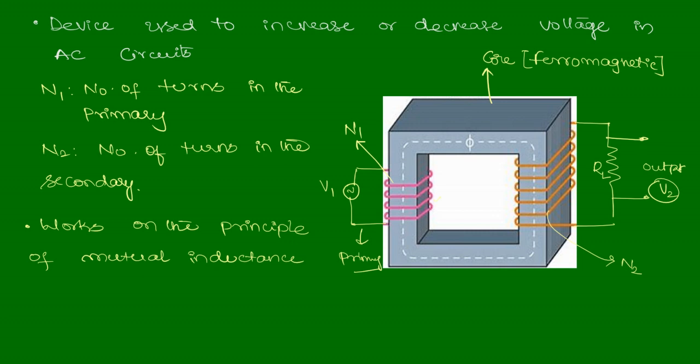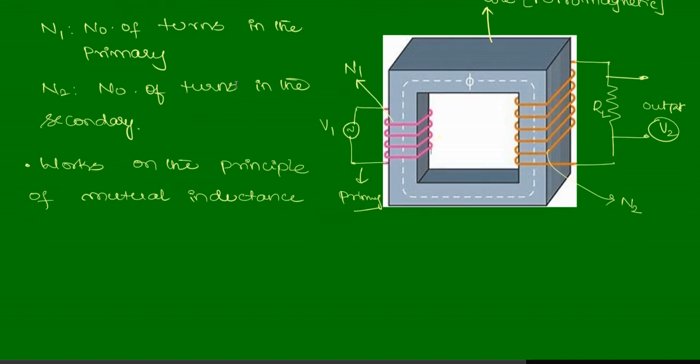As the current in that coil is continuously changing, it will produce a time varying magnetic field, so that the magnetic flux linked with the secondary coil continuously changes due to the change in current in the primary. So this causes an induced EMF. As that magnetic flux is continuously changing with respect to time, we will get alternating voltage in the output.